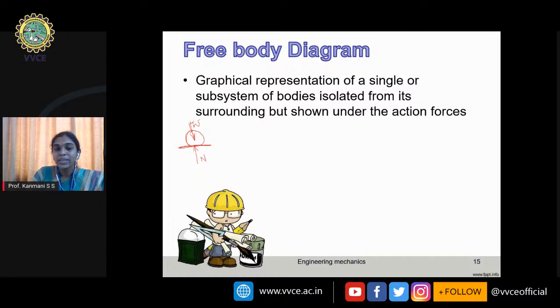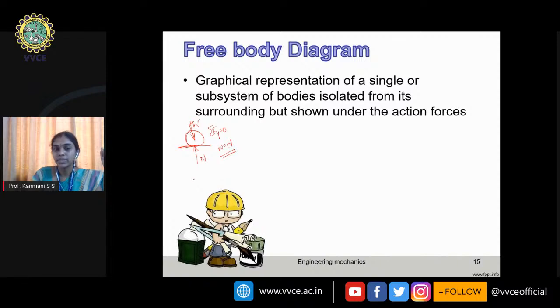So these two will be equated. That is, if you apply summation Fy equal to 0, W is equal to N. Only when W is equal to N, the body will not sink inside or bounce above. That's when the body is in the state of rest.